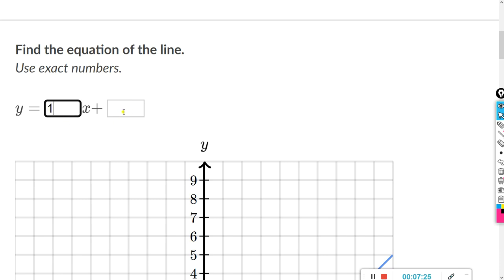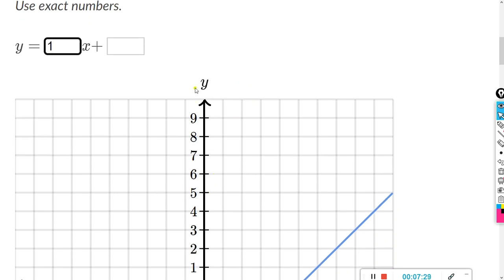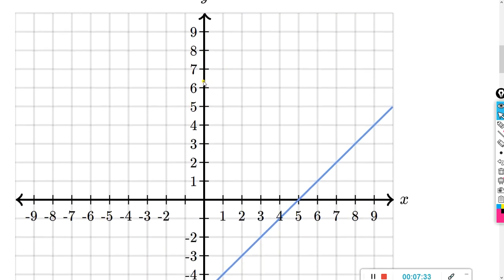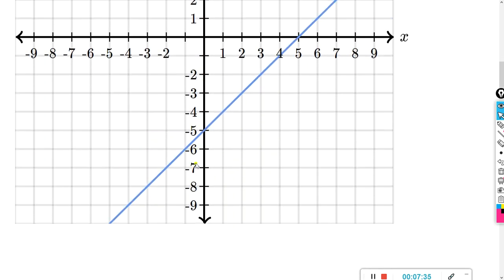And now we want to find the y-intercept b. Remember this is the y-axis, the up, down, or vertical axis. And you just want to see where the line crosses the y-axis. So this is the y-axis, and that point would be this right here.